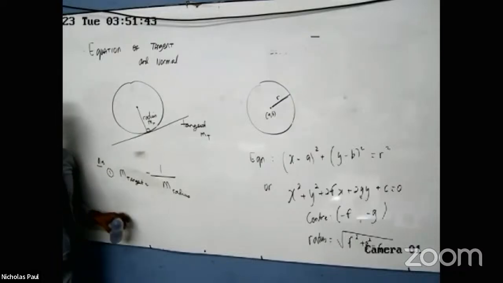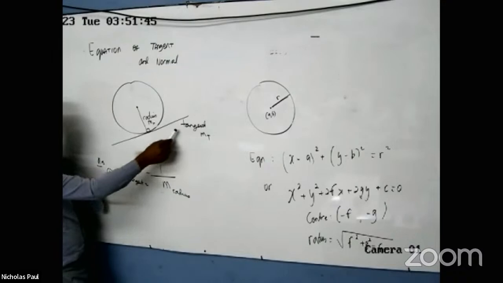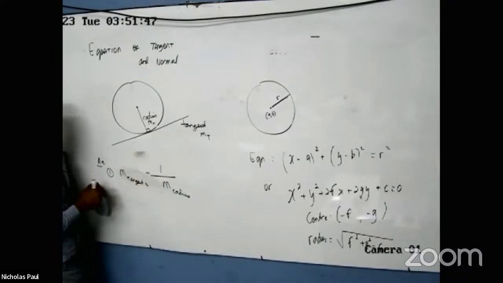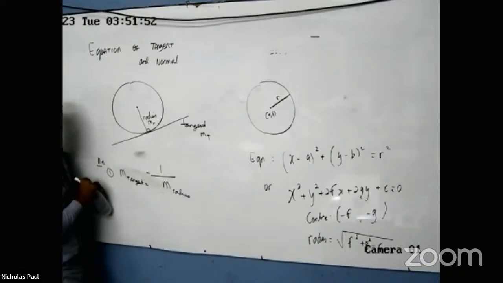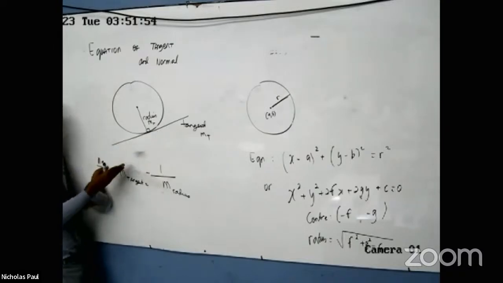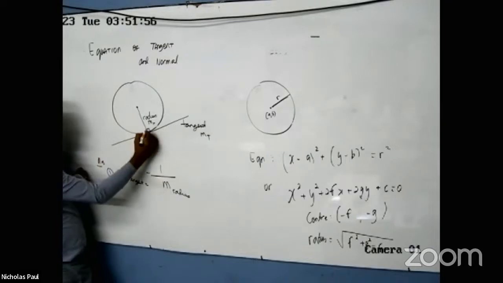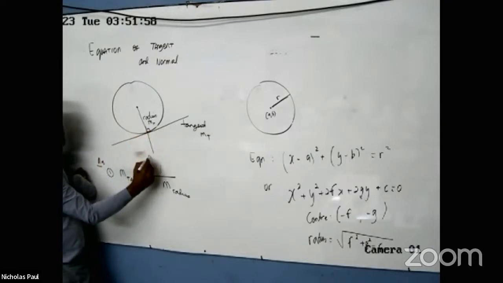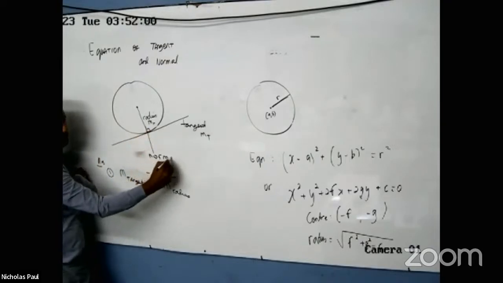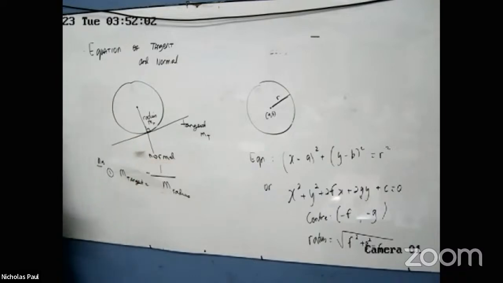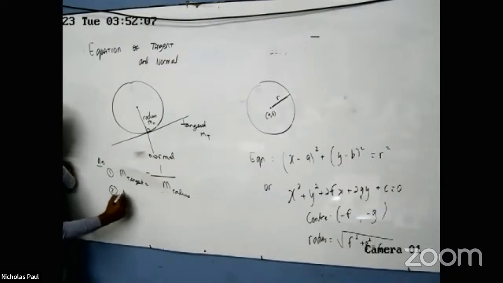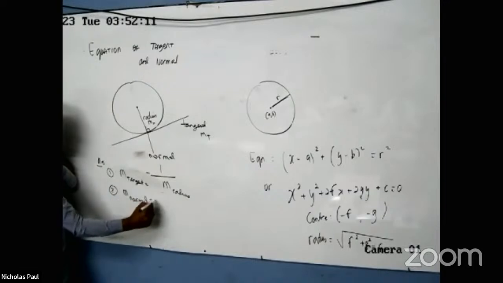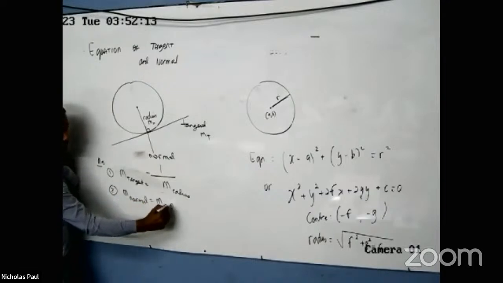So the normal is a line that's 90 degrees to the tangent. So 90 degrees at that point to the tangent is the normal. So what do I do to get the normal here? Just extend the radius. Very good. This is the normal. So the normal and the radius are the same thing. So the second thing is that the gradient of the normal is equal to the gradient of the radius.